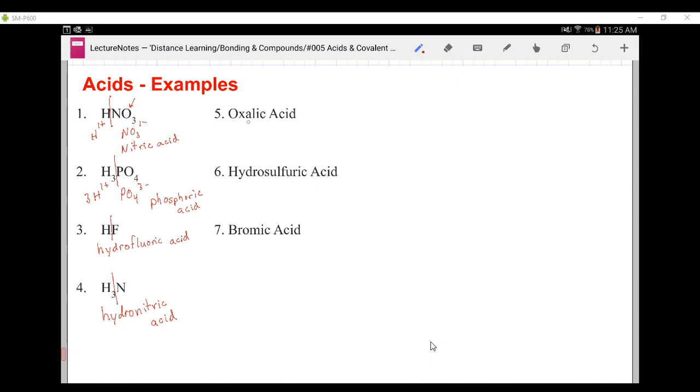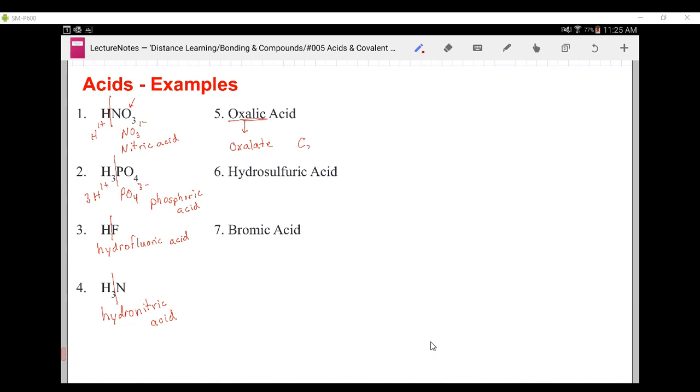Going from the words to the formulas, again, we're looking for the presence of that word hydro, because if the word hydro is there, it means it's a binary acid, and if it's not there, I need to look for the polyatomic ion. In our first example, there is no word hydro, so I have oxalic, which means that this must be the oxalate polyatomic ion that we have added hydrogens to as the cation.